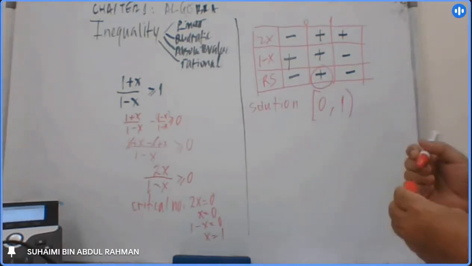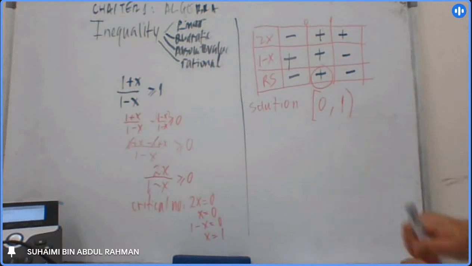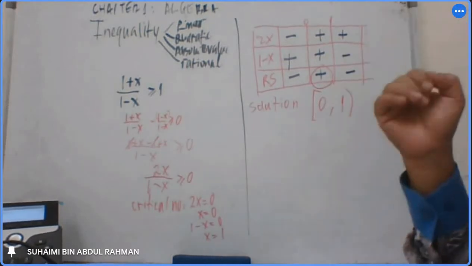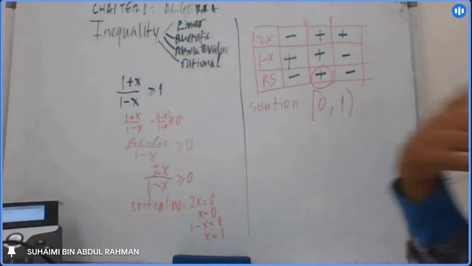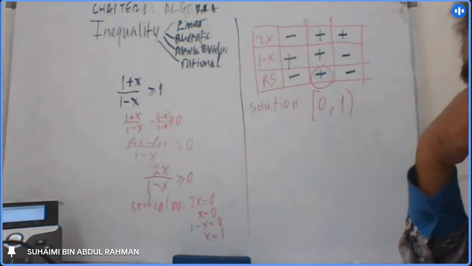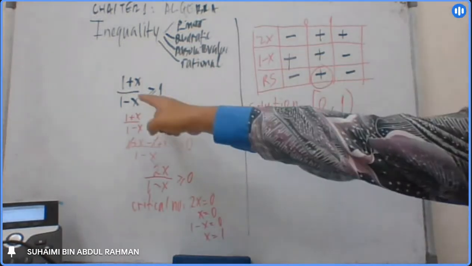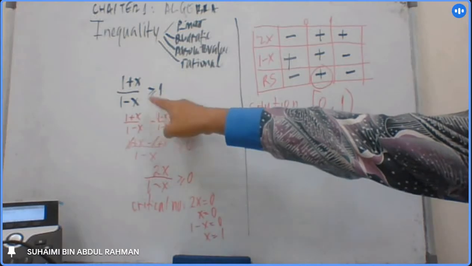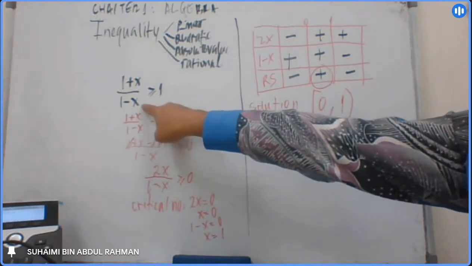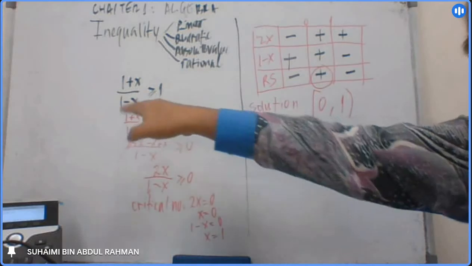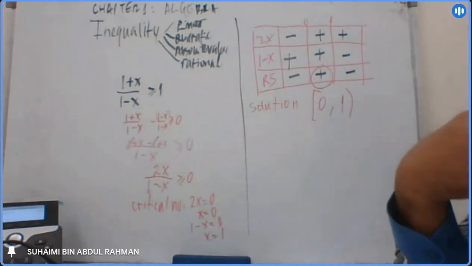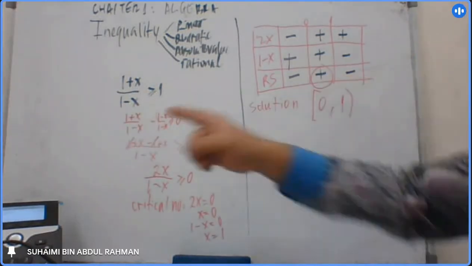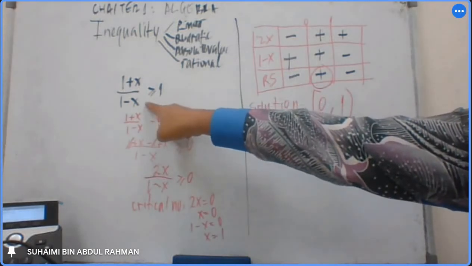The reason we cannot include 1 is that for the case of rational expressions, same as equations, we have to check. When we substitute 1 here, our denominator becomes 0. We do not want denominator 0.